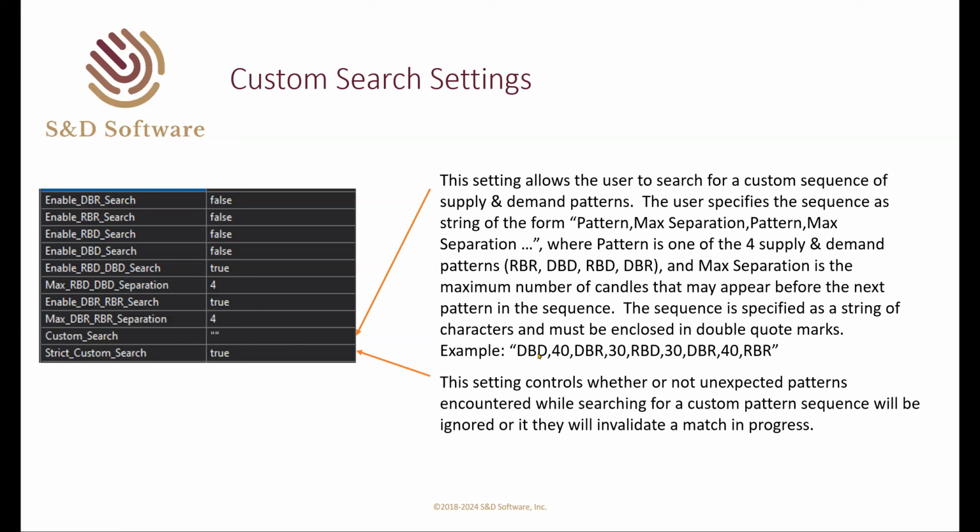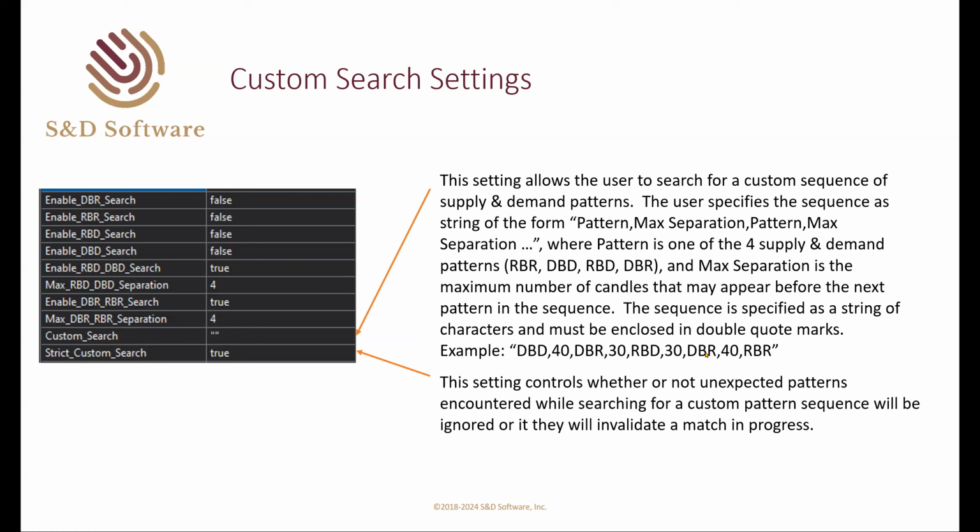Let's say it's found a drop-base-drop, then it's found a drop-base-rally, then it finds a rally-base-drop. But now it finds a drop-base-drop. Well, that is not what we're looking for at this point in time. We're looking for a drop-base-rally here, right?